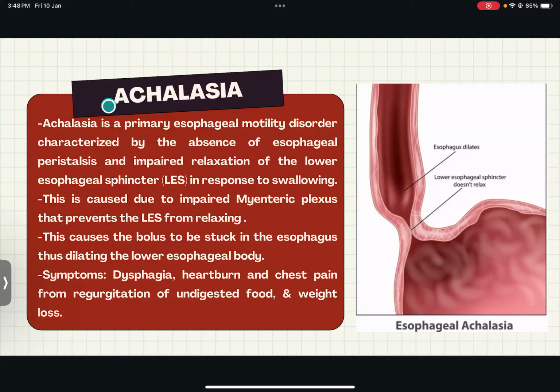If there is no peristalsis in the lower esophagus, will the pressure decrease or increase? Low peristalsis means more or less pressure?